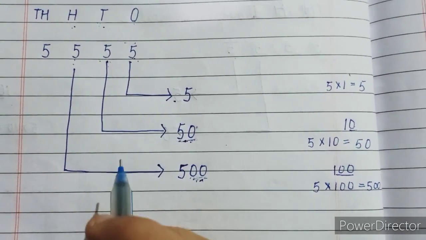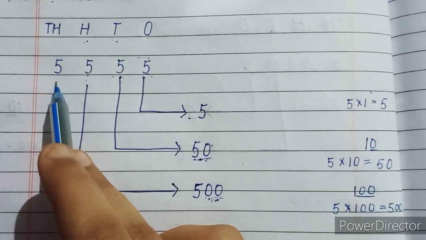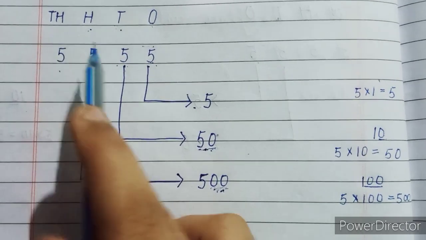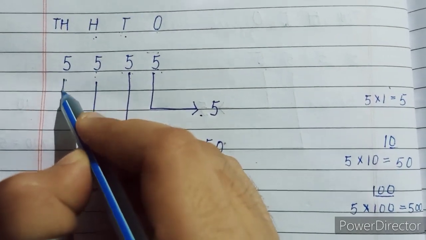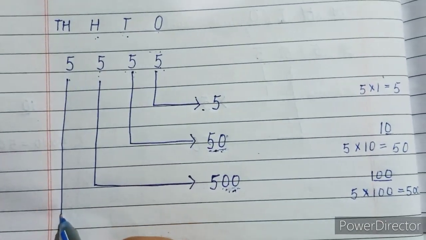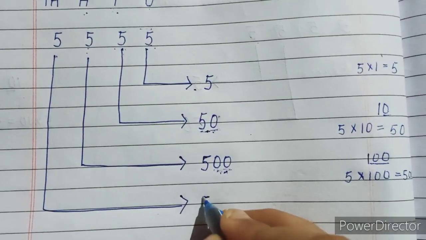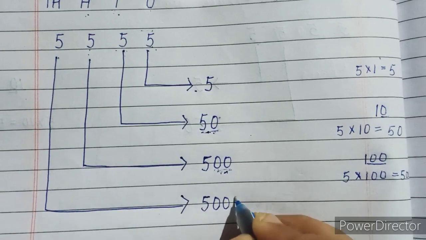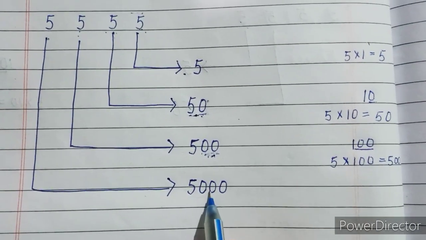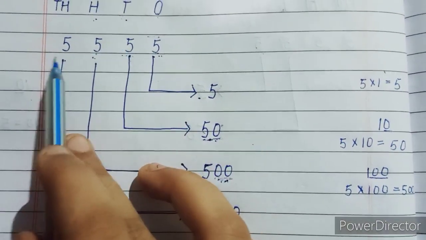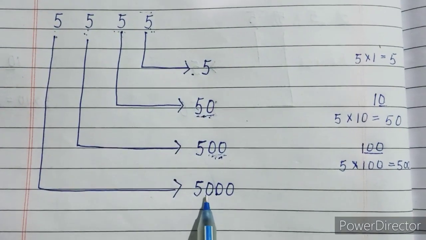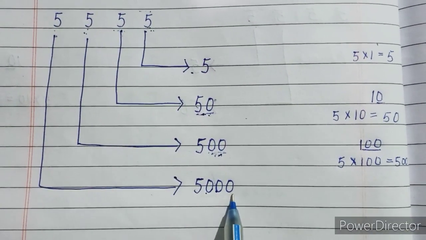Now look, digit 5, the thousands place. The place value of this 5 is 5000, because there are 3 more digits after 5. So we will add 3 zeros.